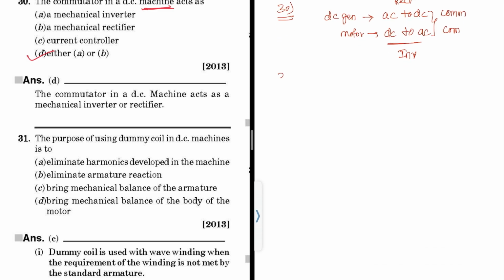Okay, so coming to question number 31. So the purpose of the dummy coil. Let me tell you what is dummy coil. Generally this is a machine and there will be slots like this, right?